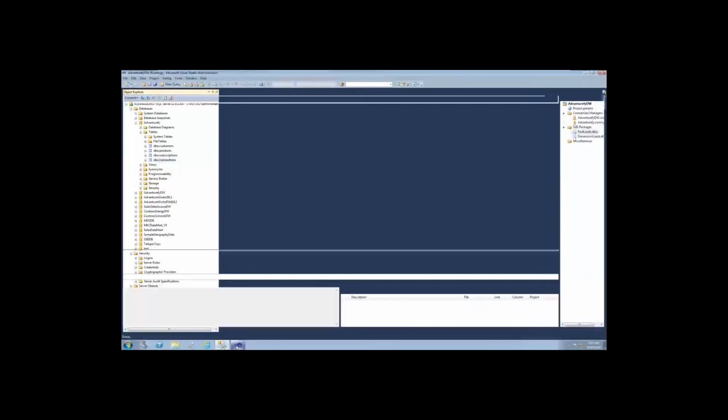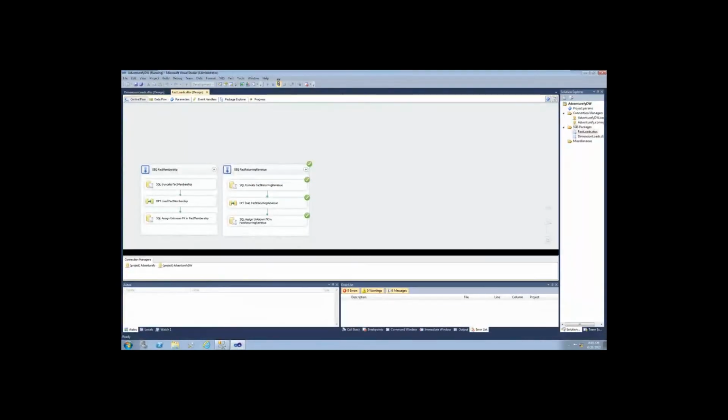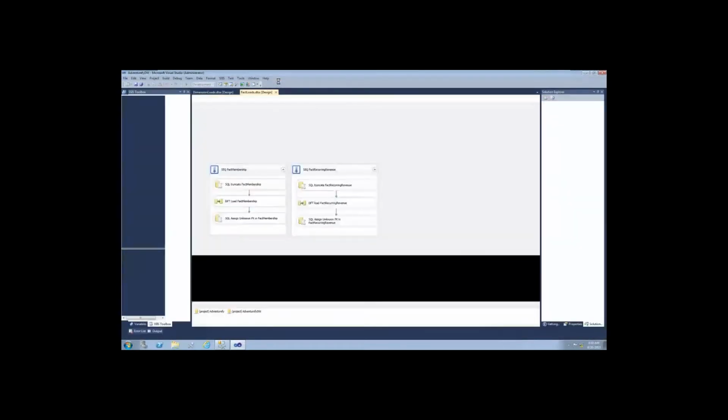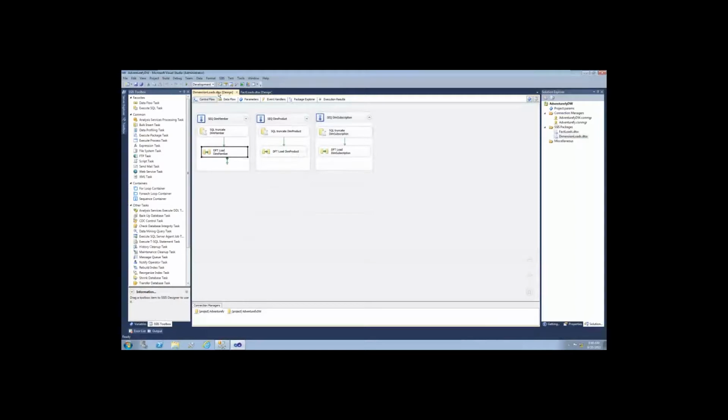I've created a series of SSIS packages here, and the important ones are all the dimensions. These are going to be my slicers, for lack of a better term, the slicers that intersect to get me my factless facts.